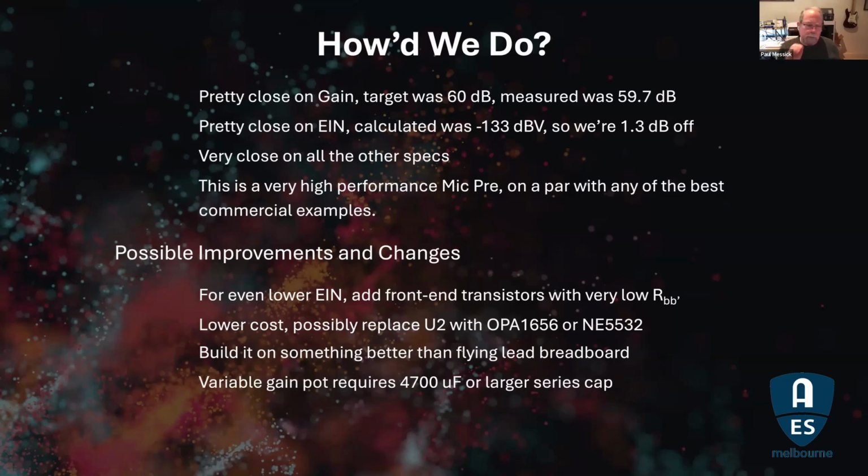And if you're going to do the typical variable gain pot, you need a big series cap with it, which will introduce all kinds of other problems. One of the problems is that the gain pot is extremely nonlinear. You can't get a pot with enough of a log curve to actually compensate.